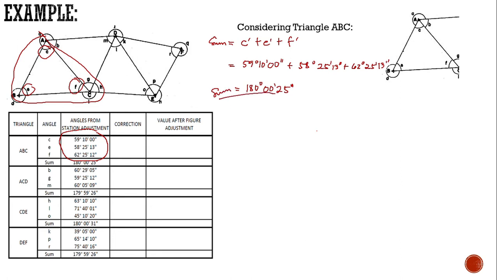Calculating the error of our triangle, we just subtract the sum from 180 degrees, and we get negative 25 seconds.